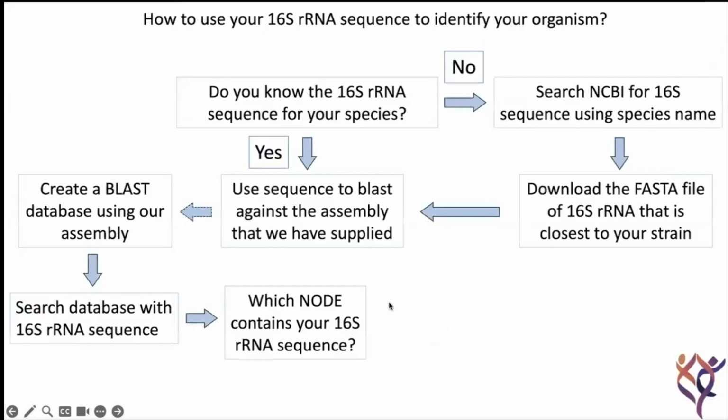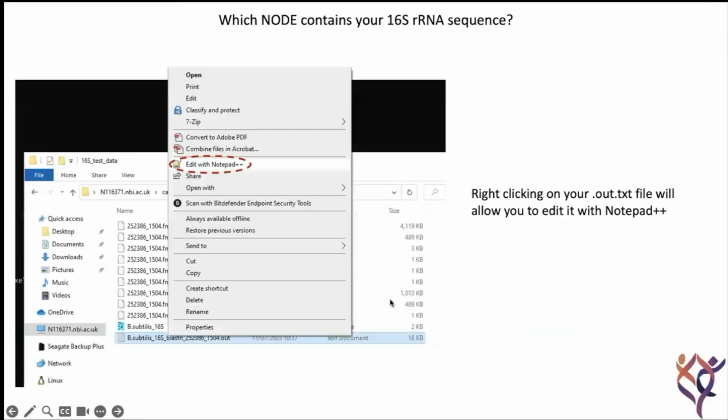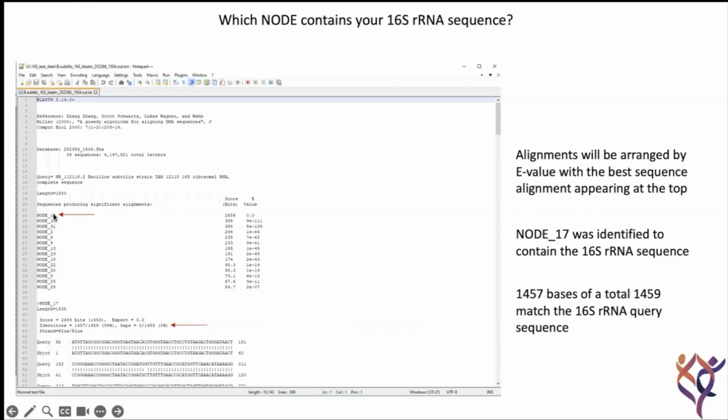So then which node contains your 16S sequence? Well, you can open that file. That's a text document within Notepad. Notepad is one of our favorite tools to open text files. It will give you an e-value of the significant hits that your 16S found within your database.